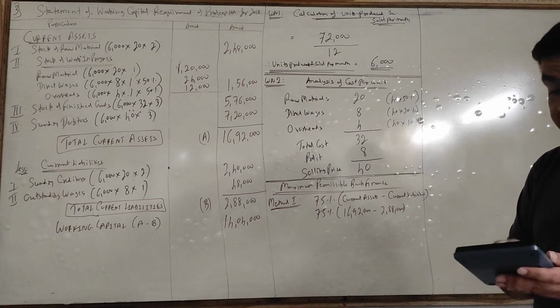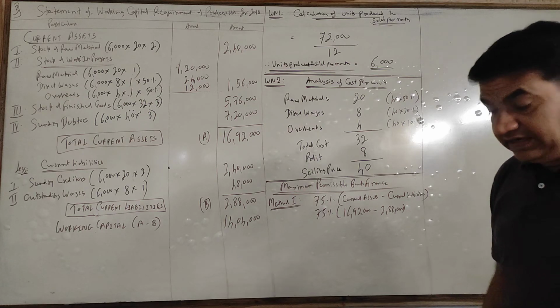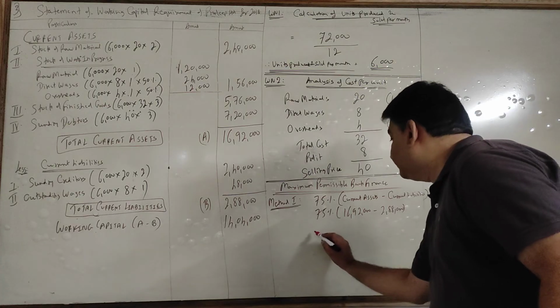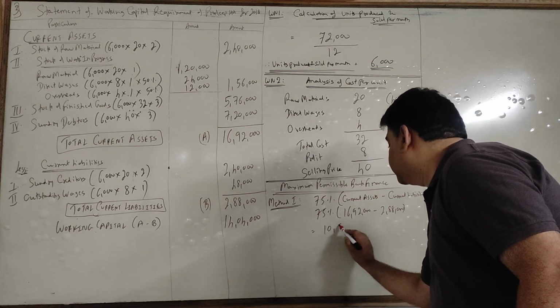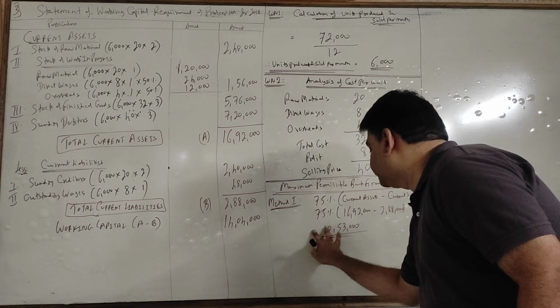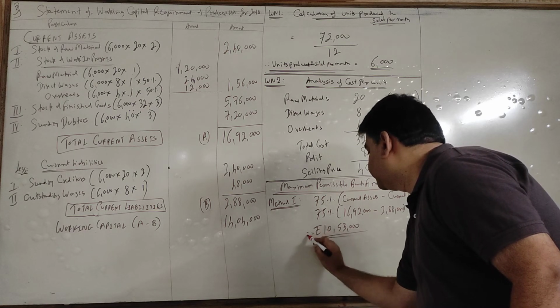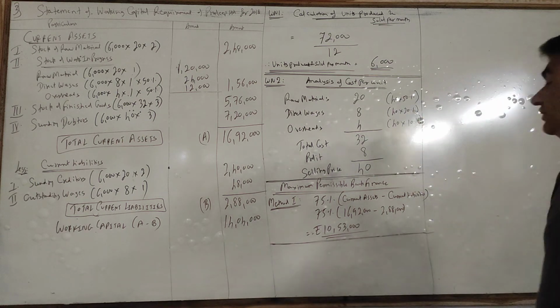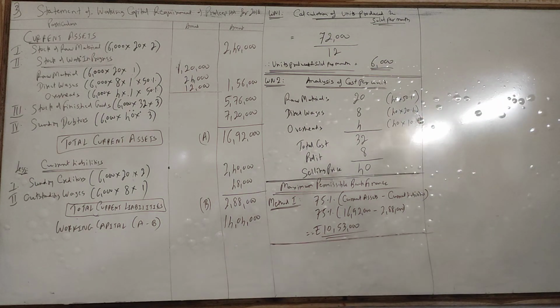So 75% of 14,04,000 will give you 10,53,000.